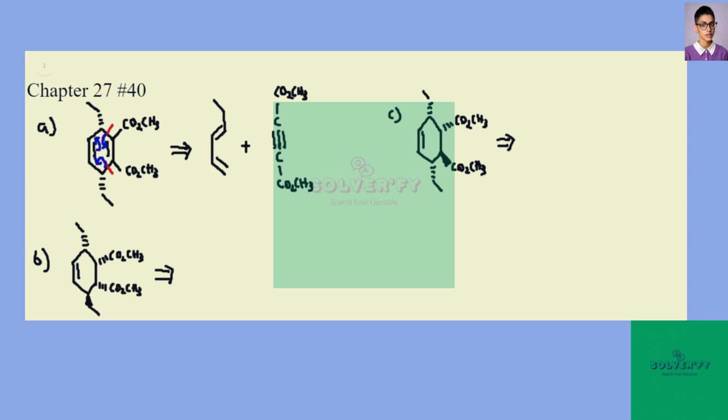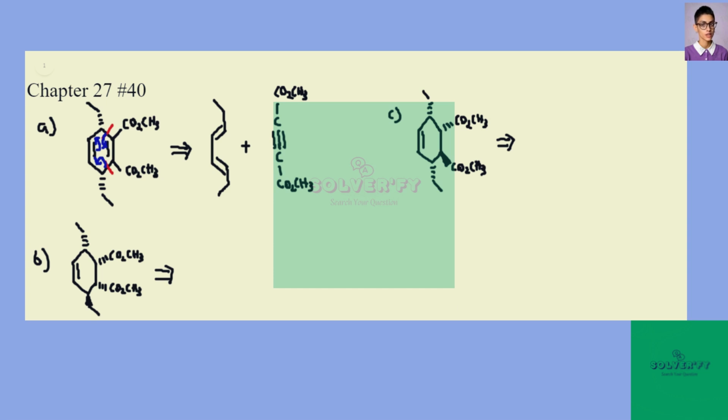Yeah, right. So there we go, like that. And so that is going to be our answer for part A, because these two starting materials, when put together to do a 4+2 thermal cycloaddition, will give us the product that we were given for A.